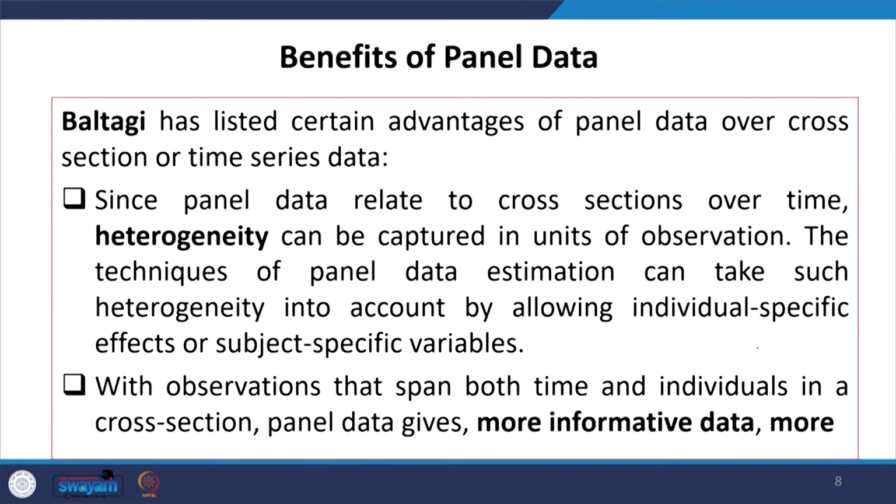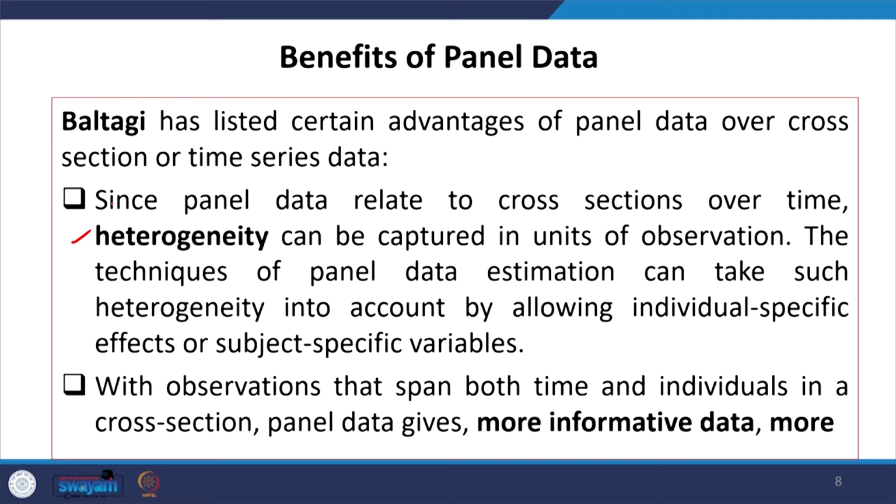Now we are discussing the benefits of panel data. You will get a better idea from the Baltagi books. He has listed certain advantages of panel data over cross section or time series data. The first important advantage is that panel data relates to cross sections over time. Heterogeneity can also be captured in units of observations, which is most important.